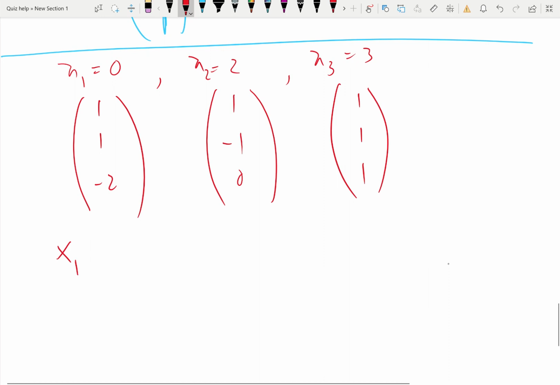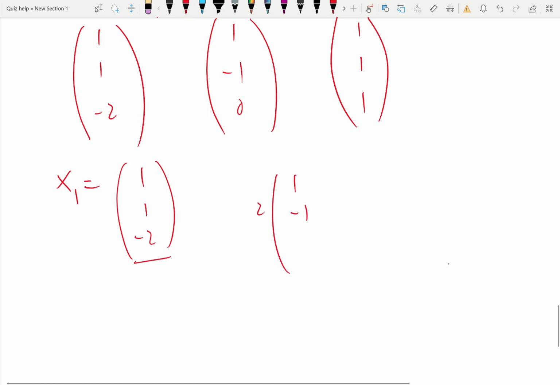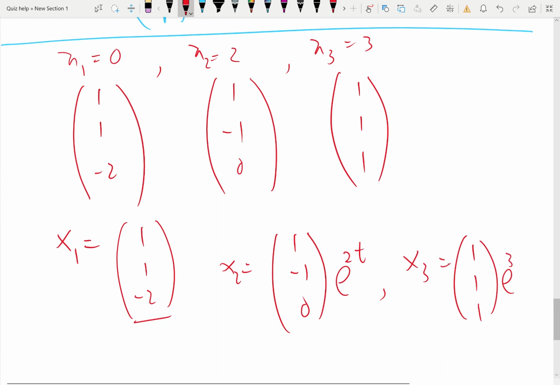Then the first solution of the fundamental set of solutions is 1, 1, negative 2 times e to the 0t. 0 is the eigenvalue, but e to the 0t is 1, so x1 is just this eigenvector. x2 is 1, negative 1, 0 times e to the 2t. The third solution is the eigenvector 1, 1, 1 times e to the 3t.